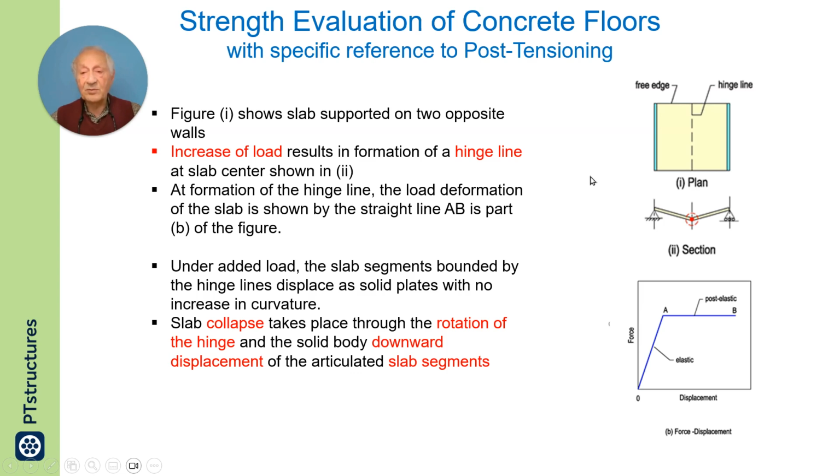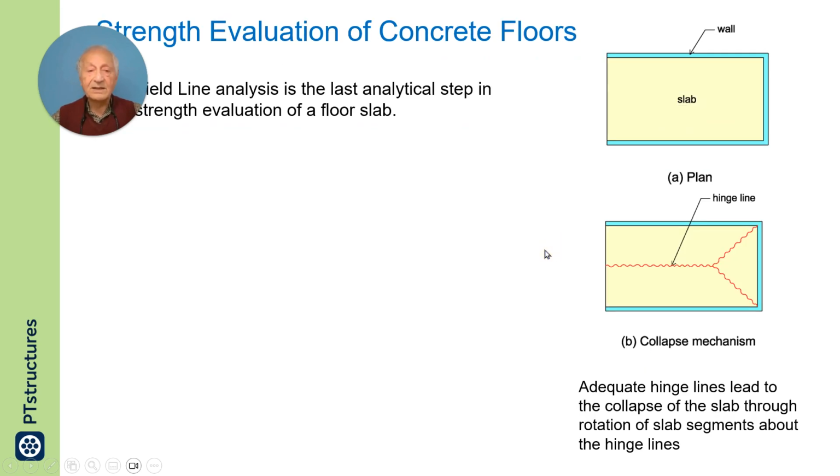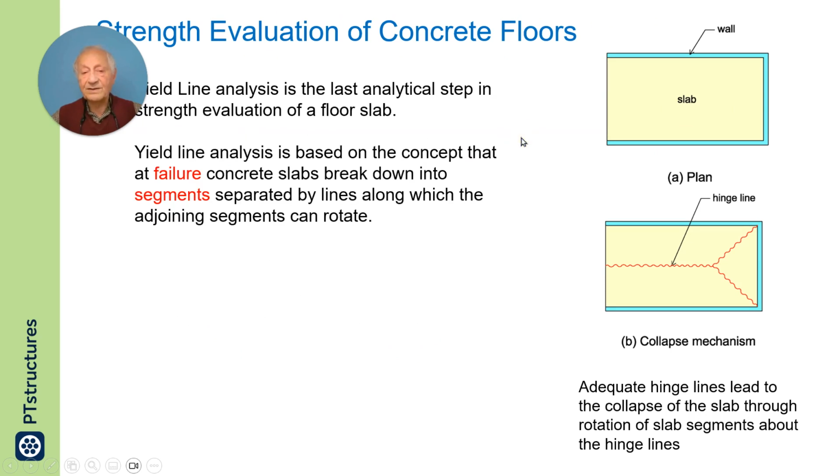I mean there must be enough hinges so that the mechanism, the breakdown of the slab into segments, will displace down and result in failure. The hinge line analysis is really the last analytical step in strength evaluation of the slab.